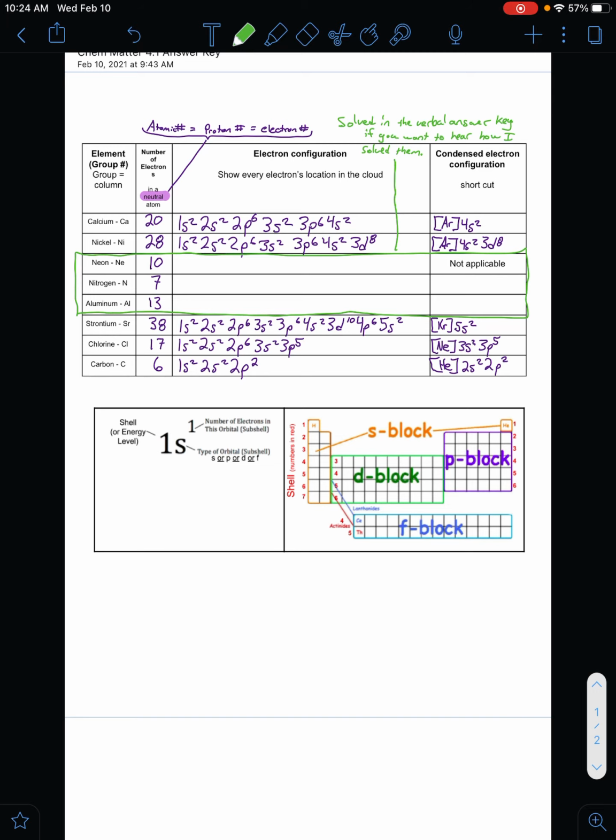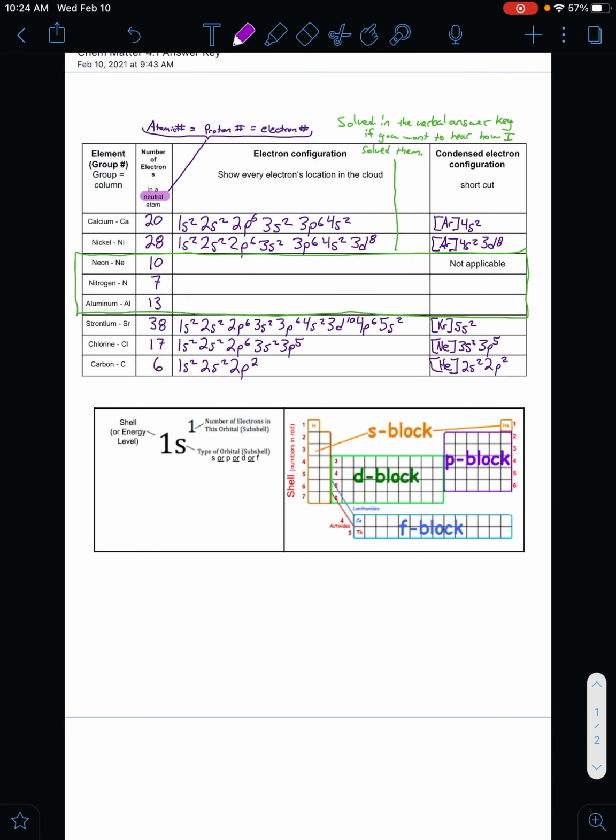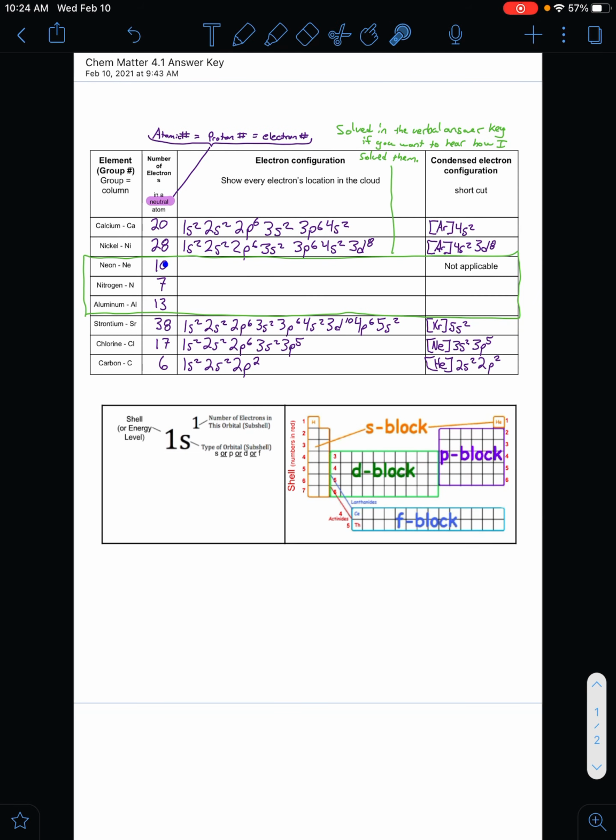All right, so neon. I have also pre-filled out the number of electrons because that's level 3 info, but really quick, I know that neon in a neutral atom has 10 electrons because the atomic number is 10. Atomic number always equals proton number, 10 in this case.